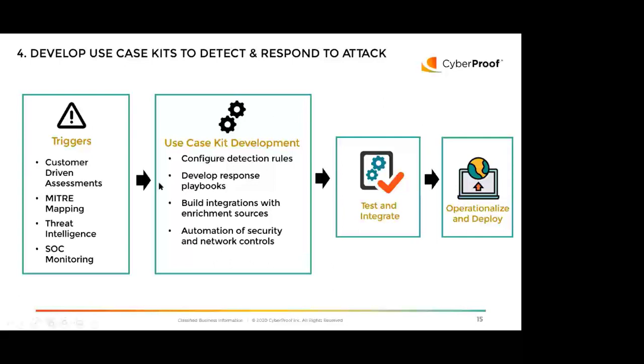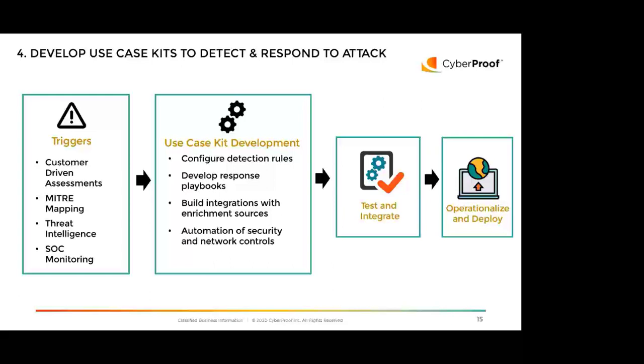And by integration and enrichment sources, what I mean is if I were to see a potential attack happening, and one of the observable elements of that attack is an external IP address, something I might want to do is contact a threat intelligence system and find out more information about that, find out its reputation, and see if the attack that I think might be happening is indicative of the reputation of that IP address. So it helps me with the triage so that I can respond faster.